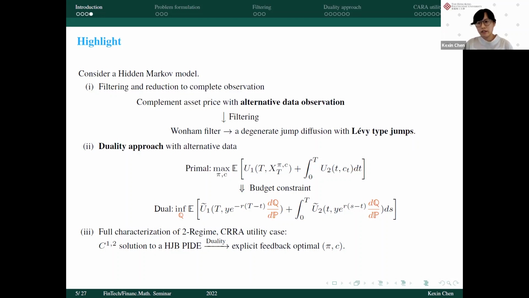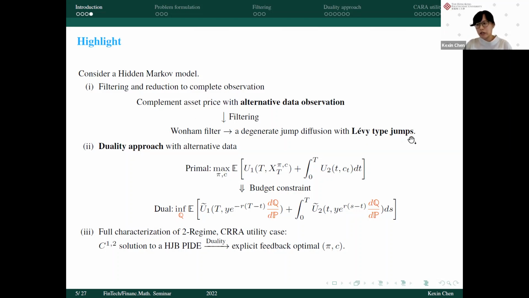So we consider the alternative data could be discontinuous, recurrent, and fluctuating, and we therefore incorporate the alternative data into the filtering process that extends the classical one-hot filter to a degenerate jump diffusion with Lévy-type jumps.